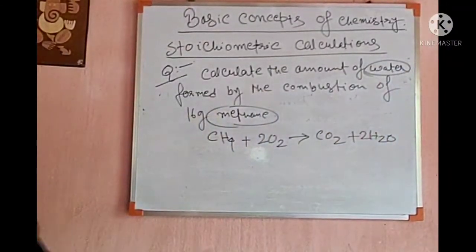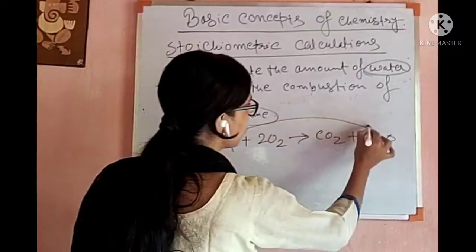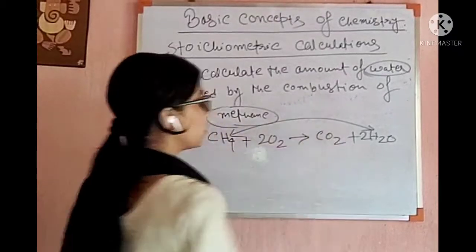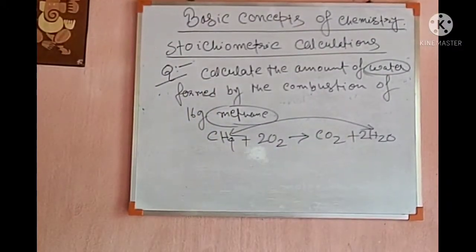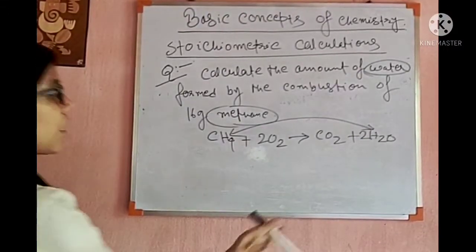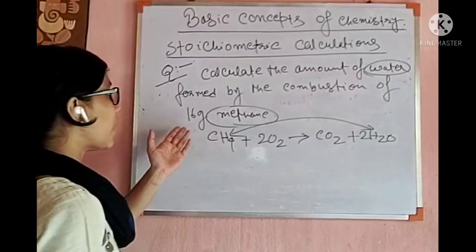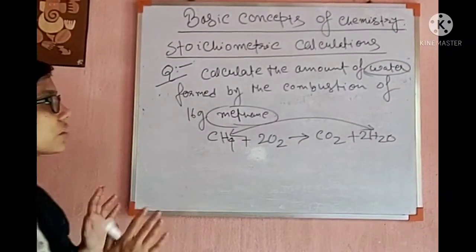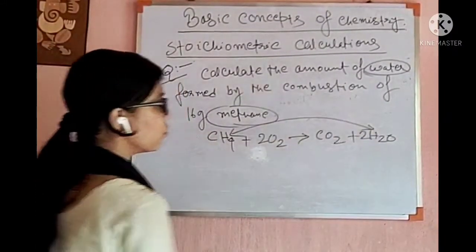The question is about the relationship between methane and water, so just find the relationship between these two and eliminate the others. You have to see which reactant and product the question is talking about.